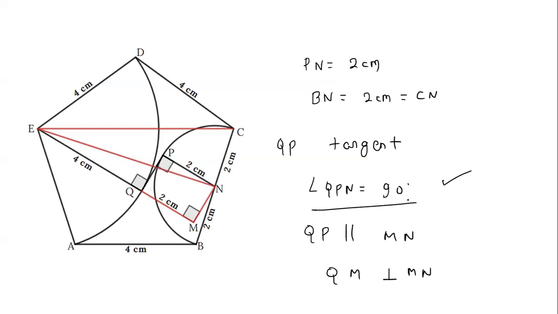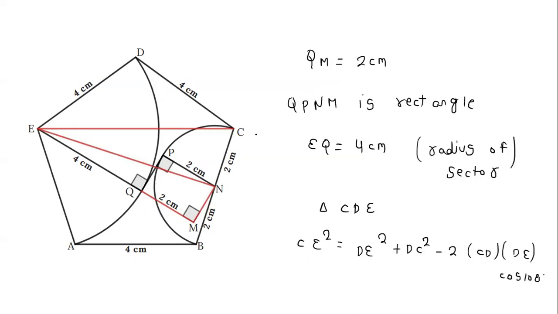And now you see I draw this MN line also, which is parallel to the QP line. So if this distance is 2 centimeter and this QP line is parallel to the MN line, and I also draw this QM line which is perpendicular to this MN line. So these two things are done additionally. So you can easily see that then this QM distance will also come as 2 centimeter.